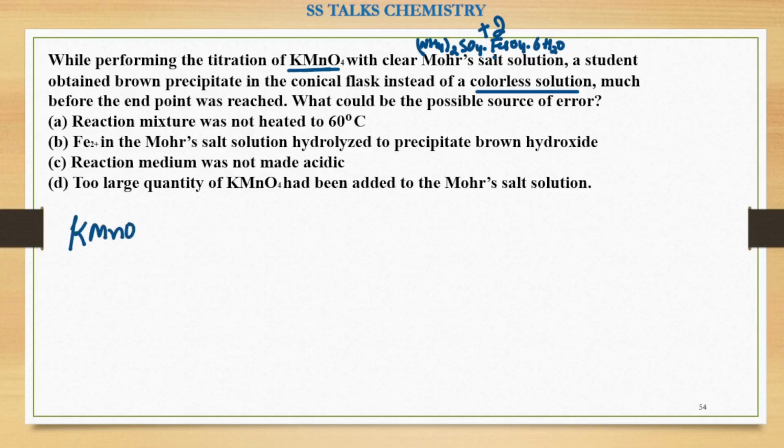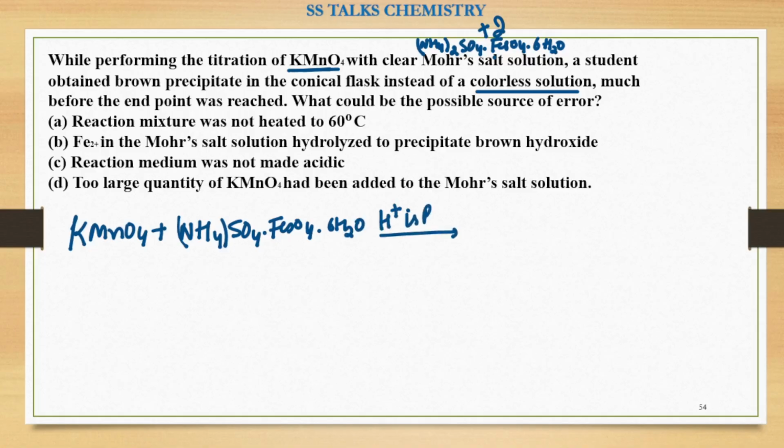KMnO4, when you are treating it with the Mohr salt, ammonium sulfate dot ferrous sulfate dot 6 waters, this reaction is carried out in the acidic medium. So H+ is required in this case. KMnO4 behaves like your oxidizing agent and converts the ferrous to the ferric; iron will be converted to Fe3+. KMnO4 is a good oxidizing agent only when you provide the acidic medium.